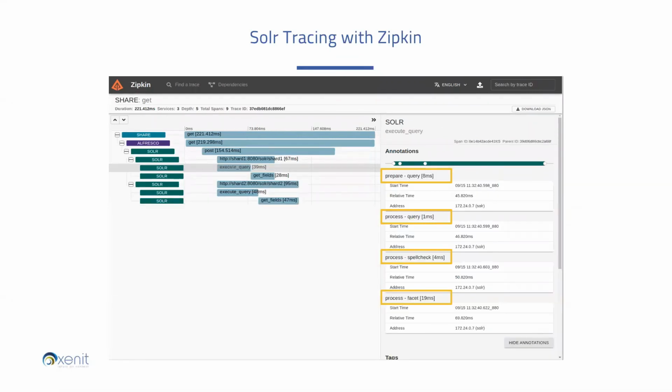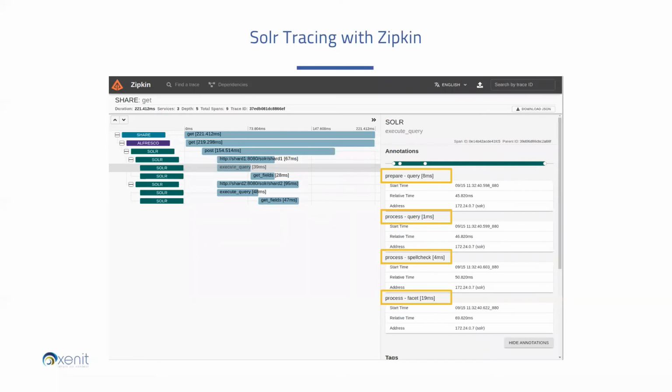Then if you look even further into why did Solr take 150 milliseconds and not 119 milliseconds, what did it do extra compared to processing the queries themselves? You can see that there is some prepare of the query. There's a process of the query.